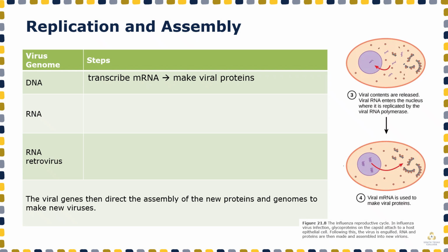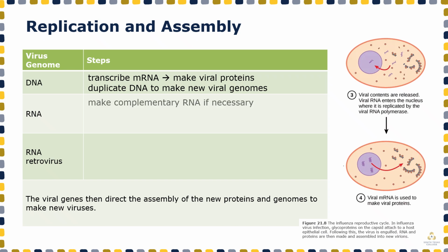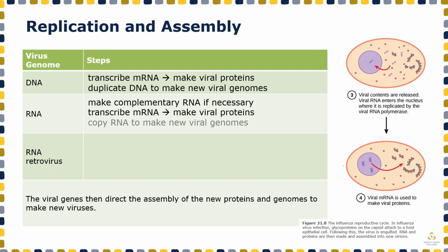And then the DNA, because it's a DNA virus, has to be duplicated to make new viral genomes. With RNA viruses, the RNA makes complementary RNA if necessary, then transcribes that into messenger RNA to make viral proteins, and makes copies of the RNA to build into new viral genomes.